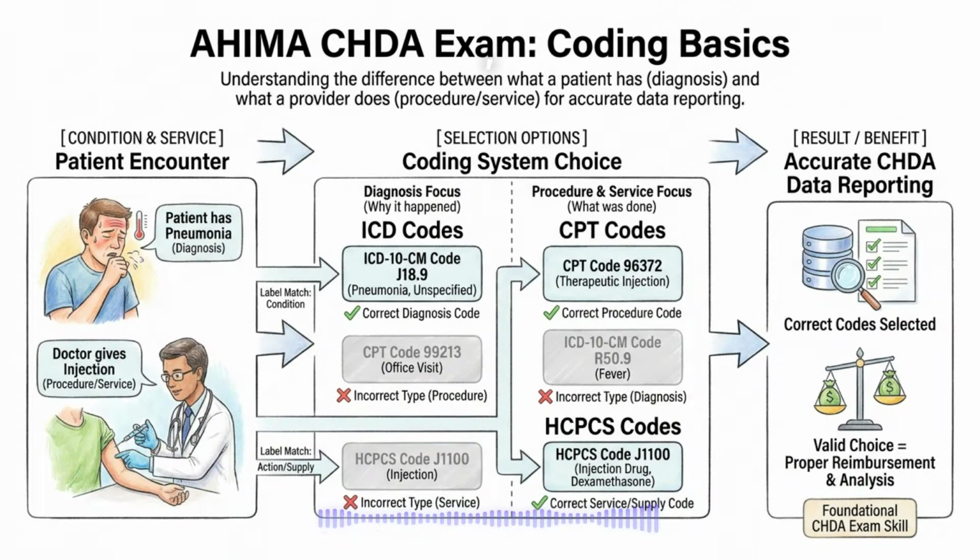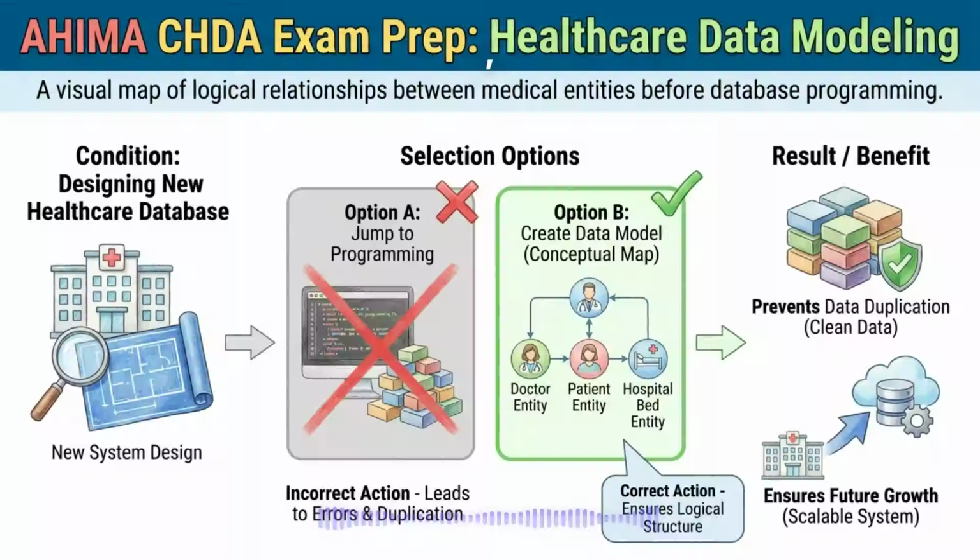Knowing the difference between diagnosis codes and procedure codes is a foundational skill frequently tested on the CHDA certification exam. When designing a new healthcare database, architects first create a conceptual map known as a data model. A data model visually represents the logical relationships between different medical entities, such as how a doctor relates to a patient and how a patient relates to a hospital bed.